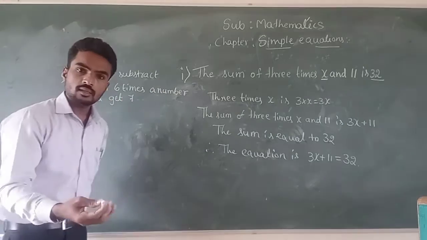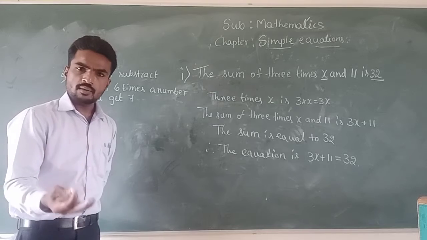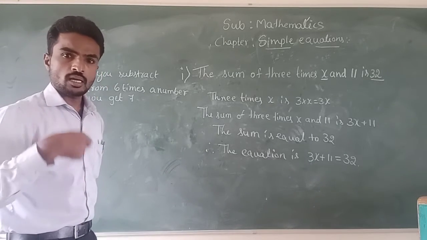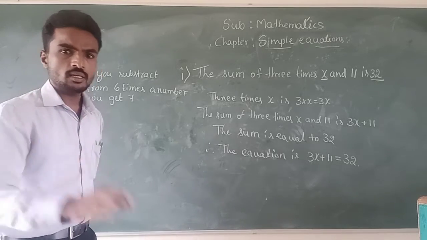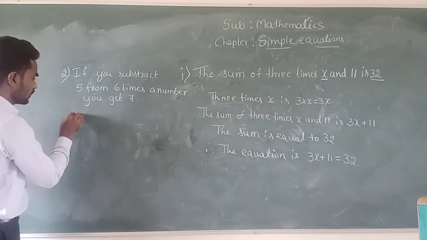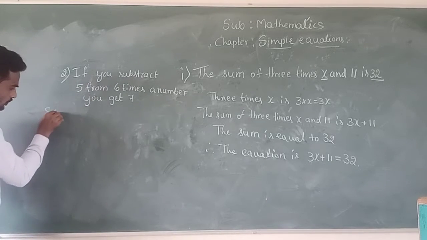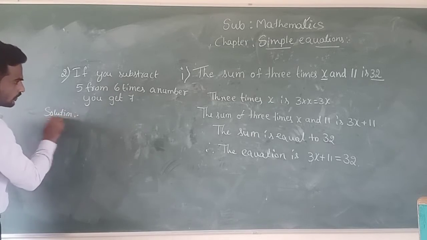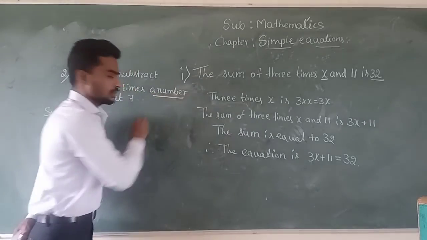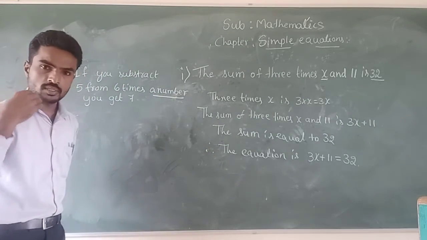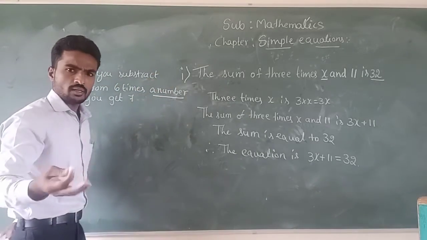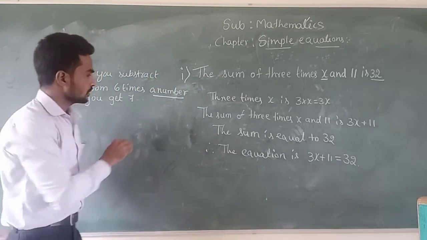We can represent unknown numbers by English small letters x, y, z, etc. As you wish, you can take any variable. 6 times a number: we don't know the number, therefore it is an unknown number. Unknown numbers are represented by variables.